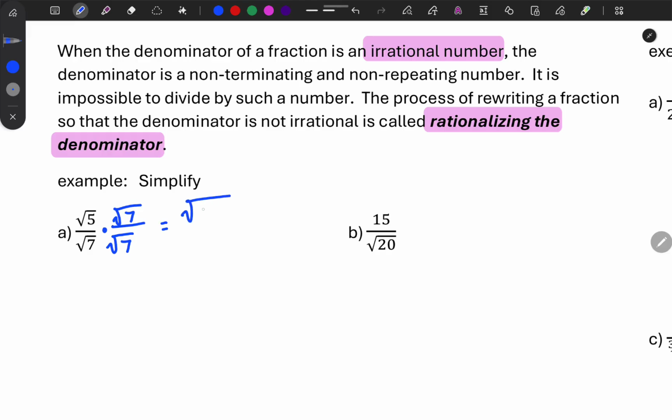Our new numerator is root 35. And our denominator is root 7 times root 7, which is just 7. If that feels a little weird, think about root 7 times root 7 as being equal to root 49, and root 49 is equal to 7. I'll just pop that in brackets.